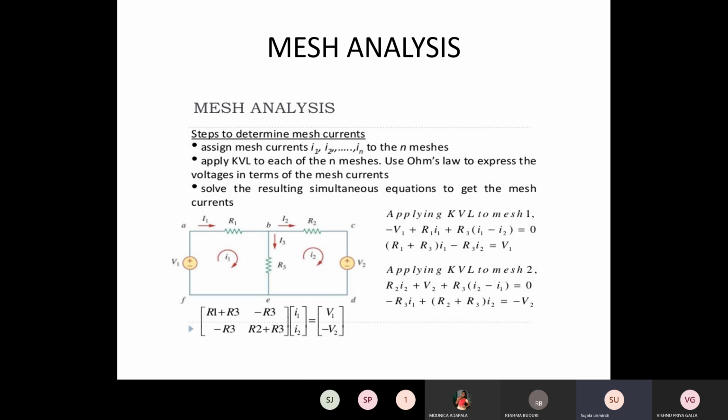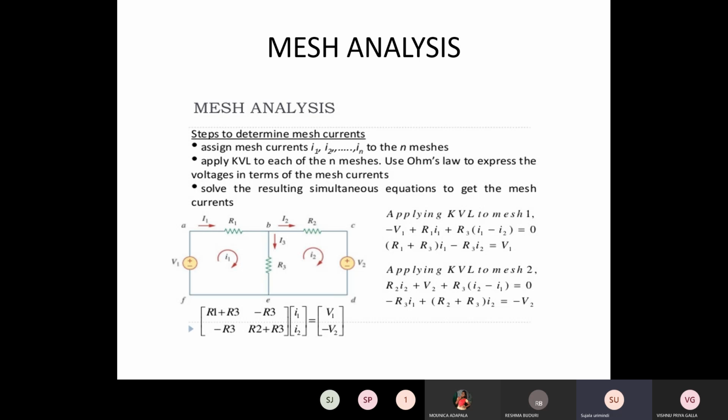When you observe the R3 equation, I1 will be entering the R3 resistance, but I2 will be leaving the R3 resistance. That means the two directions are opposite. One is in the forward direction, one is in the reverse direction. So R3 becomes common to the first loop and second loop.